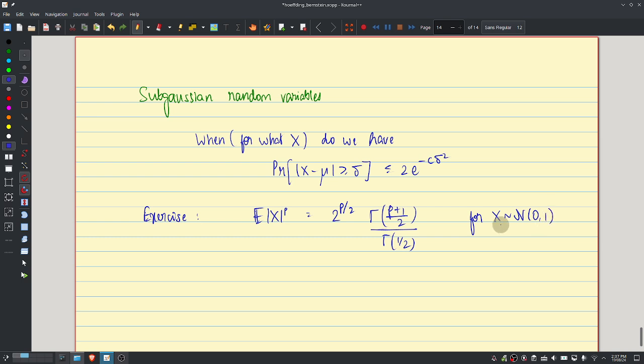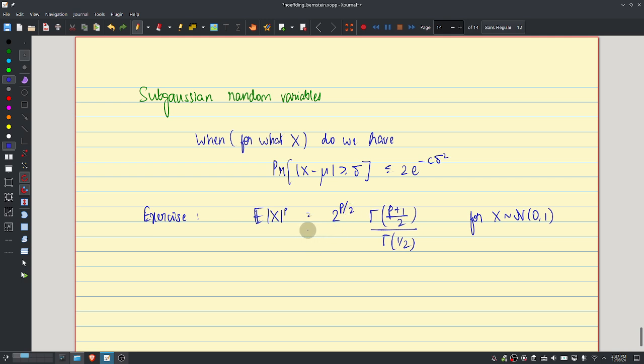You can intuitively guess that if the distribution has to be like a Gaussian, then the moments should also behave roughly like those of a Gaussian.